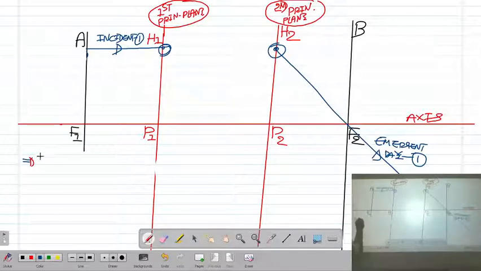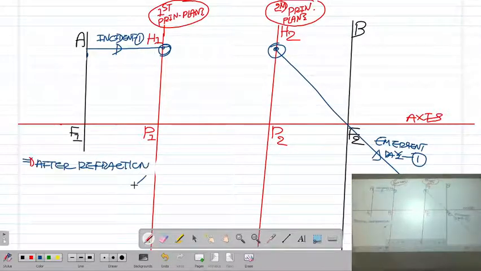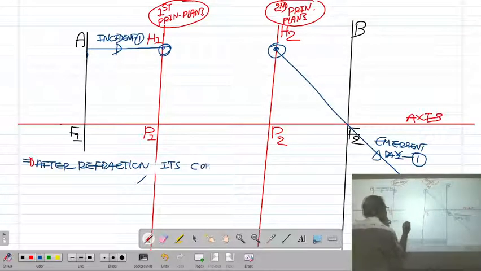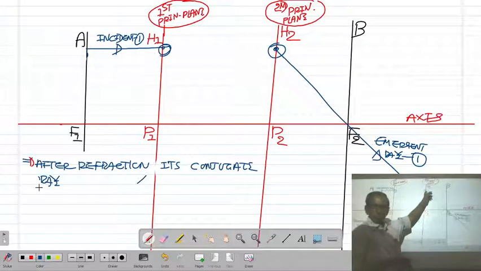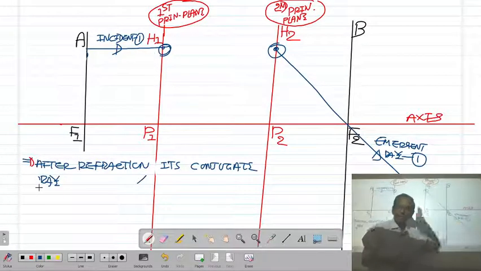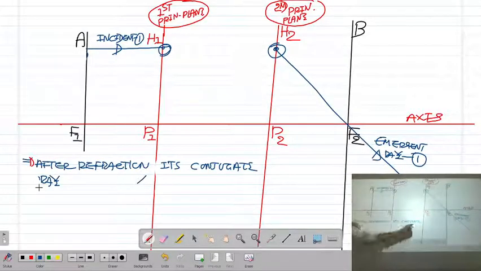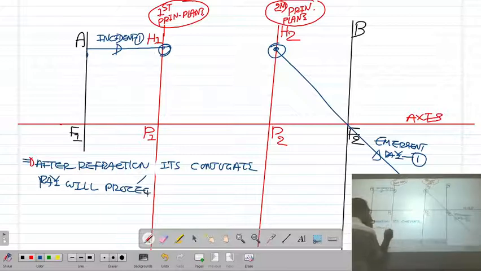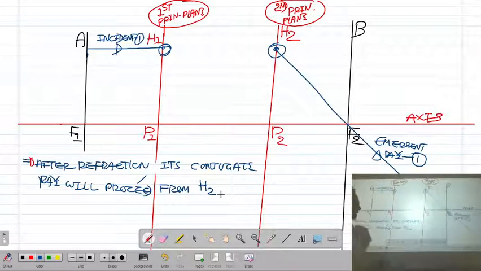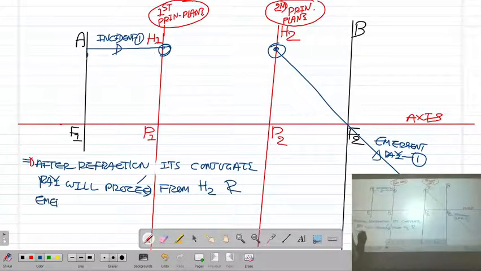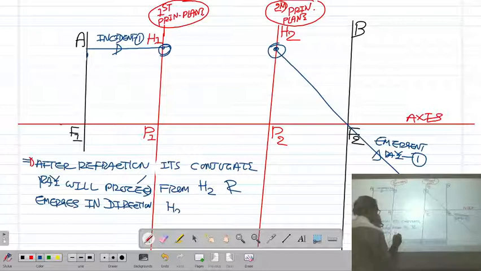Next, after refraction, its conjugate ray will emerge from H2 and it will pass to the second focal point F2. So after refraction, its conjugate ray will proceed from point H2 and emerge in the direction H2F2, right?